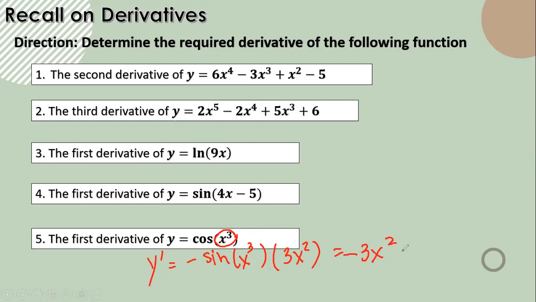So negative 3x squared sine x cubed is our final answer.